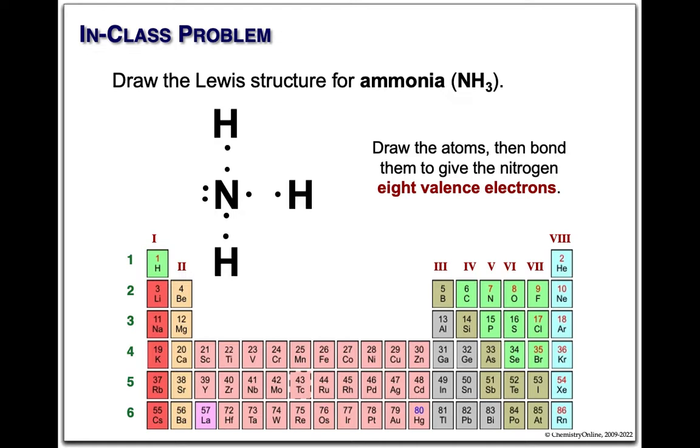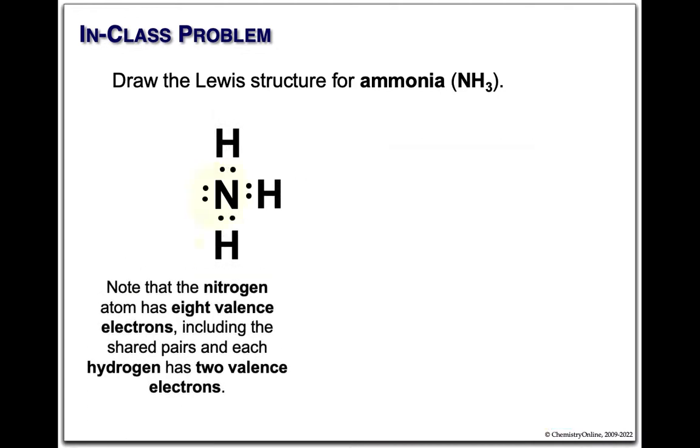We arrange these in our Lewis structure so that the unshared pairs line up with each other. That's because we're going to scooch these guys all together, and we're going to make 3 covalent bonds. Our nitrogen now has 2, 4, 6, 8, and every hydrogen has 2.